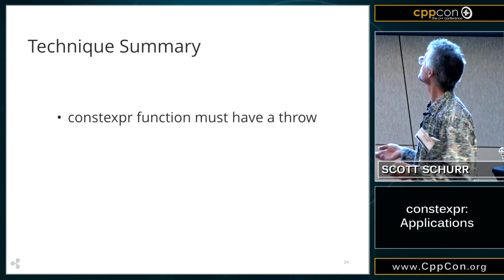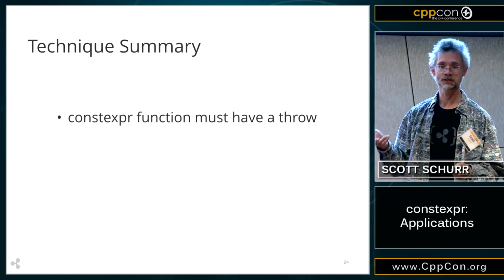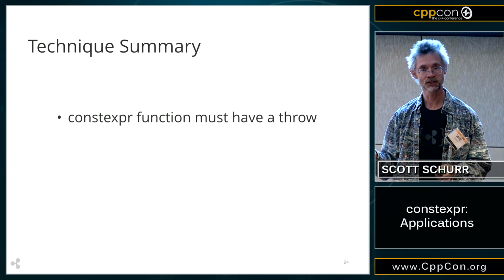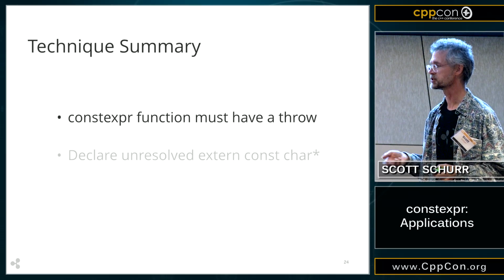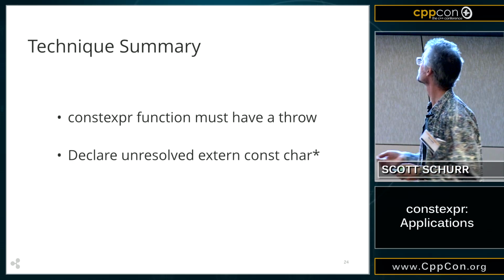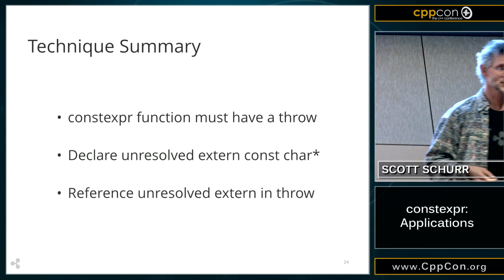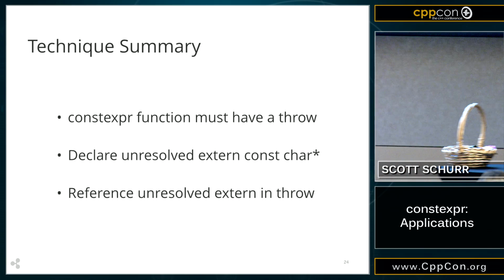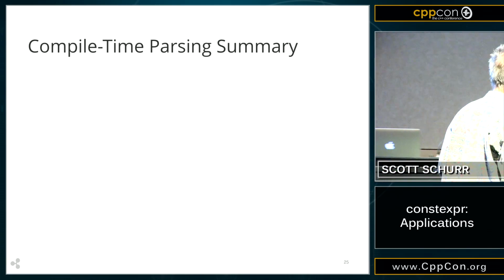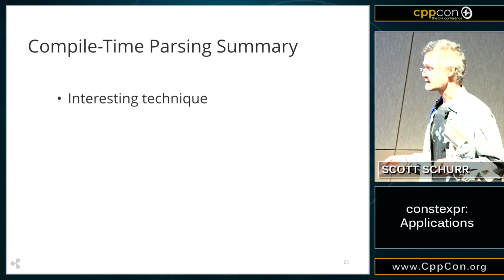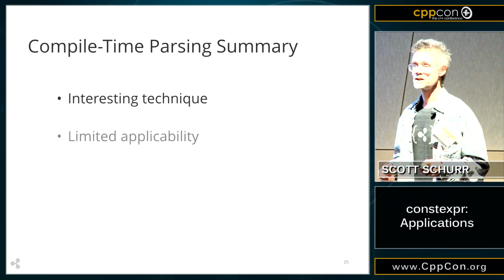So the summary is you have a constexpr function with a throw. Sometimes you have to invent the throw situation, count something that you didn't actually need to count. You declare an unresolved extern char star, and then you reference it in your throw. So in terms of compile time parsing, I think it's an interesting technique.